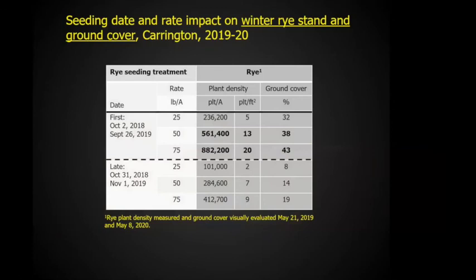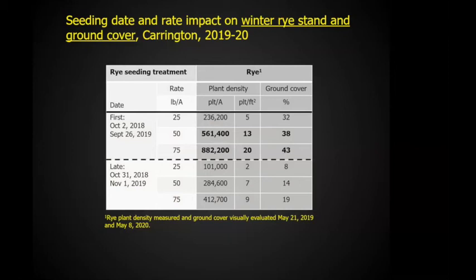Some things that we look at are ground cover, weed suppression, and then the impact on the soybean. This is a table averaging 2 years of the work so far. In it, you notice the planting dates that we used, as well as the rates of 25, 50, and 75 pounds of rye. You might wonder about the dates. Aren't they awfully late?